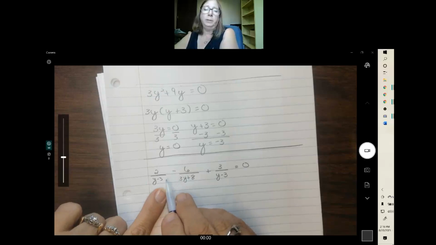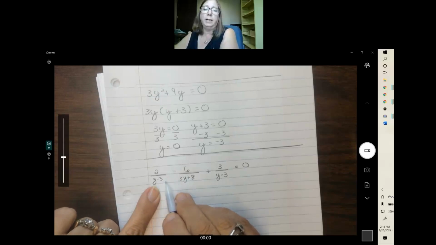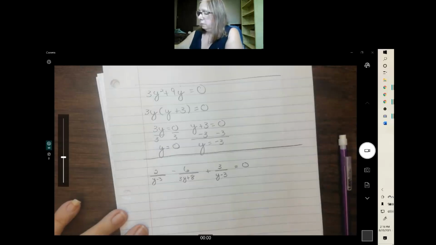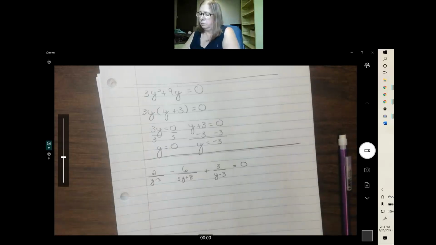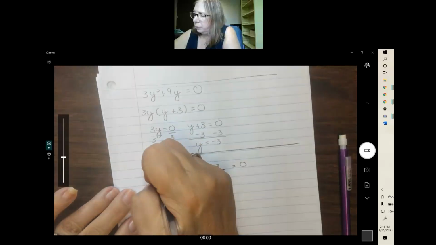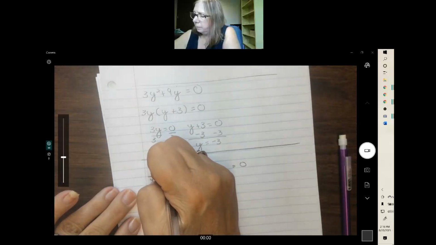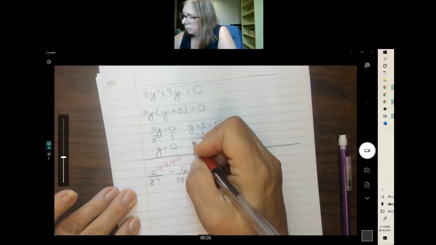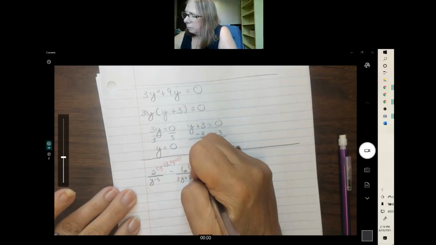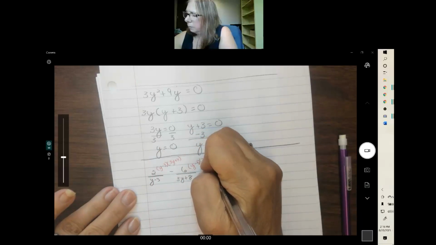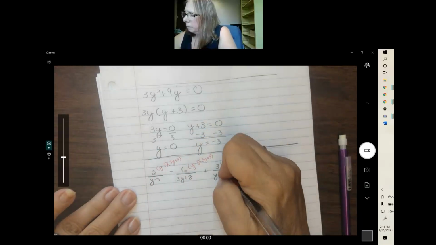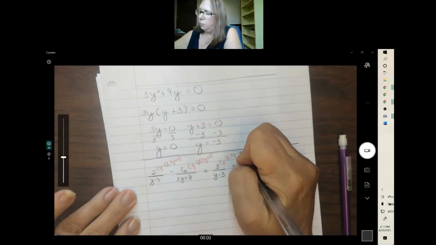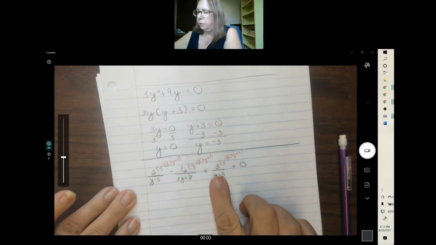So our common denominator would be y minus 3 times 3y plus 8. And you want to multiply each term by that. And there's 1, 2, 3, 4 terms.